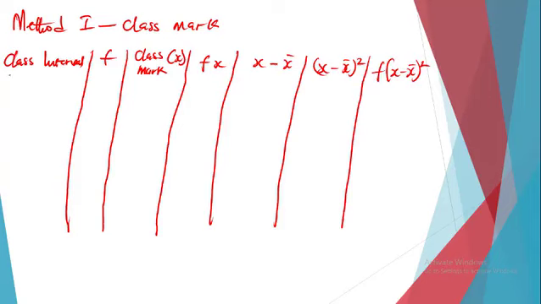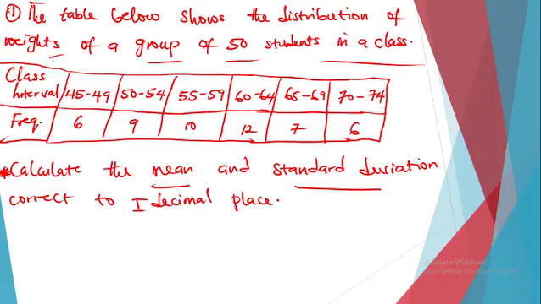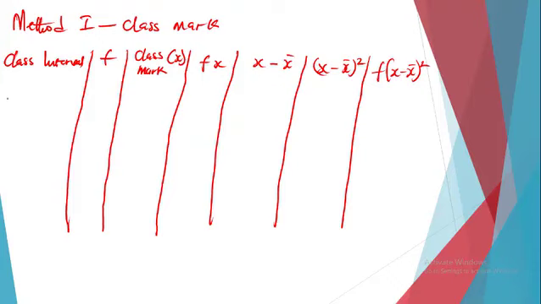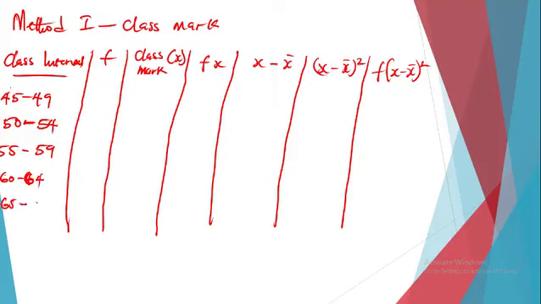For our class interval, let's go back to the question. We have 45 to 49, 50 to 54, 55 to 59, 60 to 64, 65 to 69, 70 to 74, and that's the last.